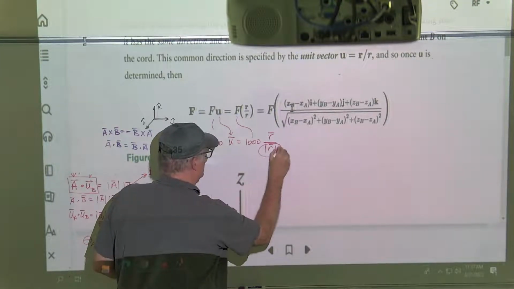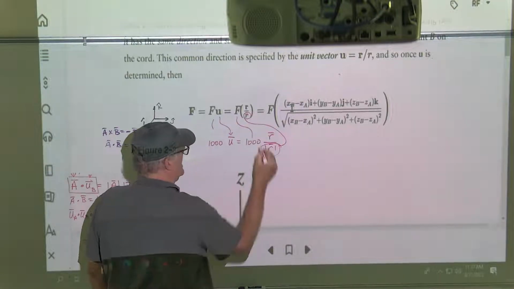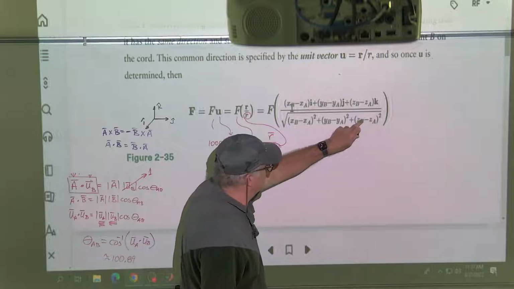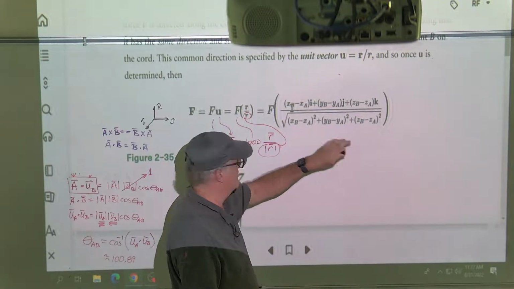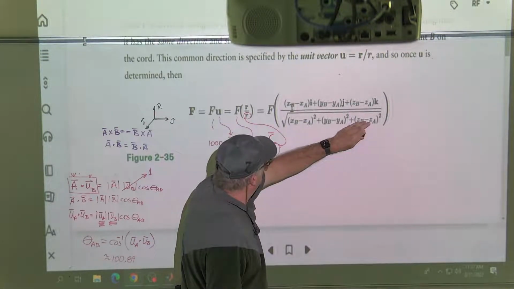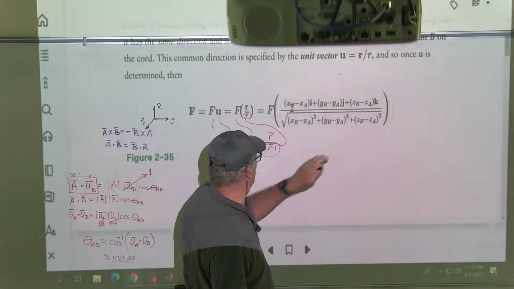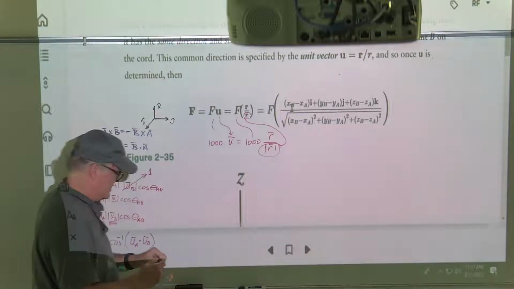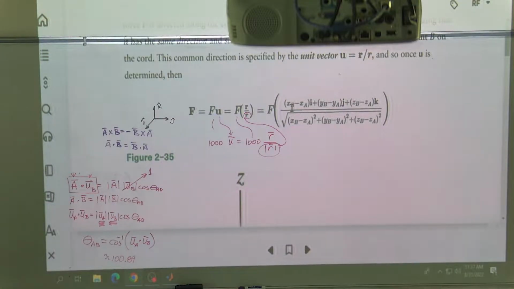So this is actually what he's saying there. Of course, it makes sense here when you're square rooting the sum of the squares. And then you have the vector sitting on top. That's the R. And so it's nothing really particularly fancy.